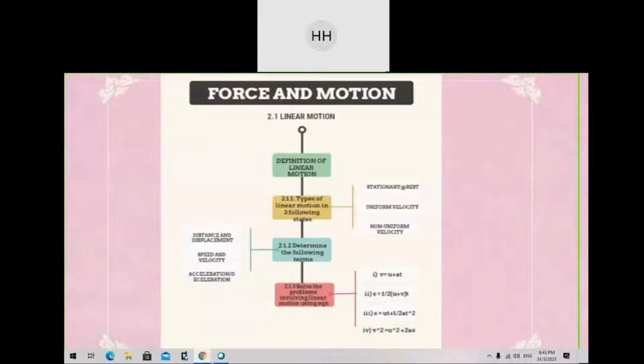For the second fraction, 2.1.2, determining the terms distance, displacement, speed, velocity, acceleration, and deceleration will be explained by Teacher Munirah. The third, 2.1.3, about solving problems, will be explained by the teacher.